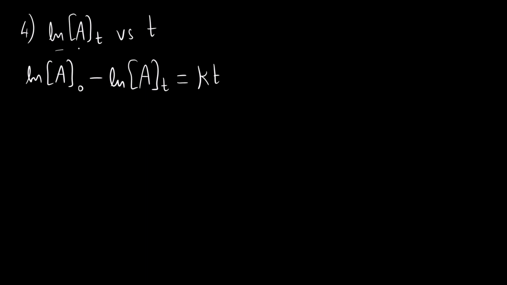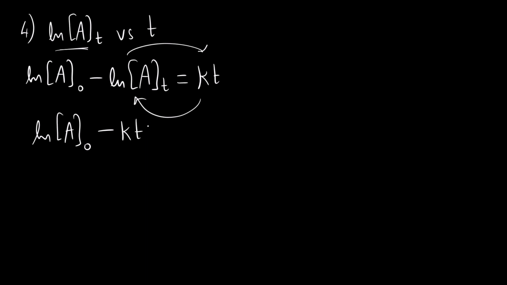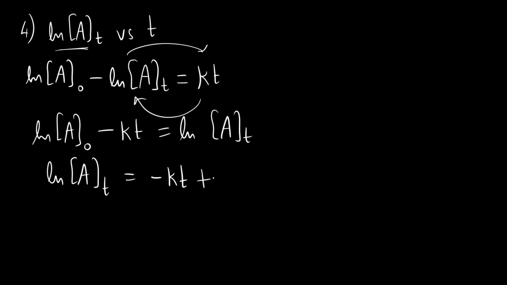So we want this on the y-axis. So this I will bring here, kt will come to the left. So I will get ln of a naught minus kt, which is equal to ln of at. So this I can rearrange: ln of at is equal to minus kt plus ln of a naught.